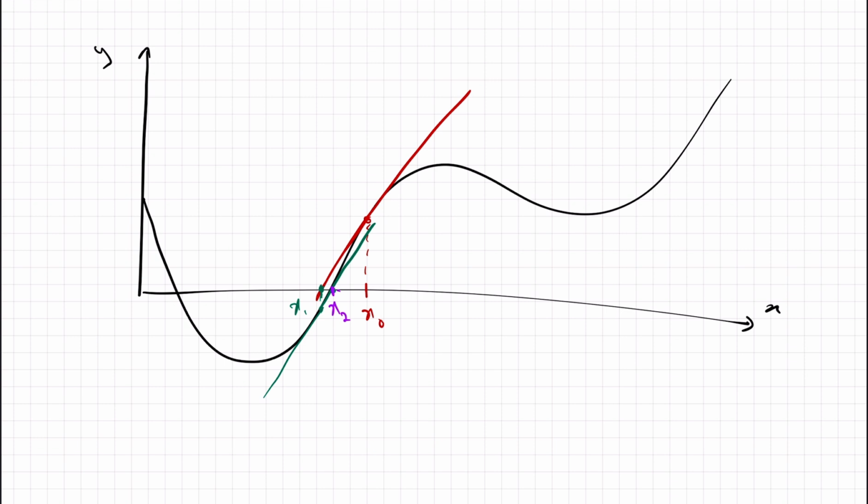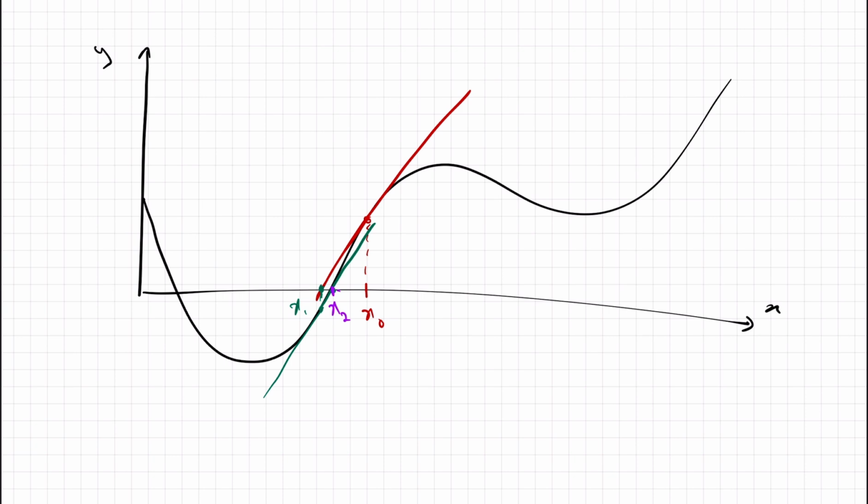This new tangent's root is going to be closer to the original function's root, and we just keep doing that. Each time the tangents get closer and closer, their root gets closer and closer to the original function's root. And that's how we're able to find the original function's root to an arbitrary number of decimal places.